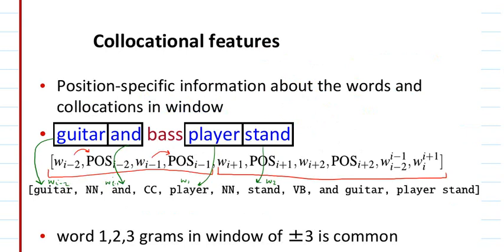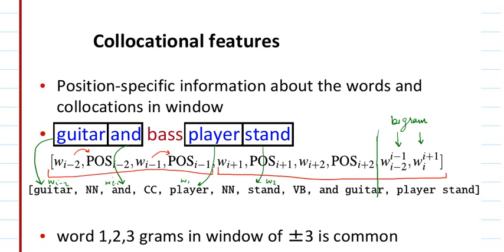So what does this mean? This is actually a bigram. This is also a bigram, right? Within this window, another feature that is appended with this co-location is actually the bigram. In order to make the feature vector more efficient, the bigrams are also taken into consideration.